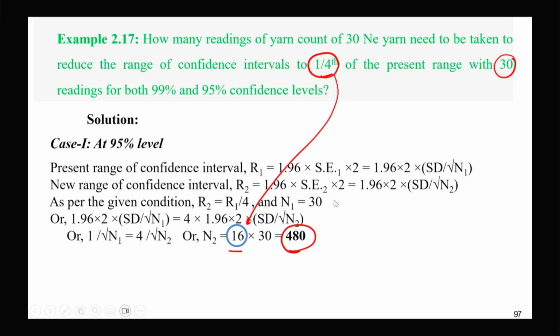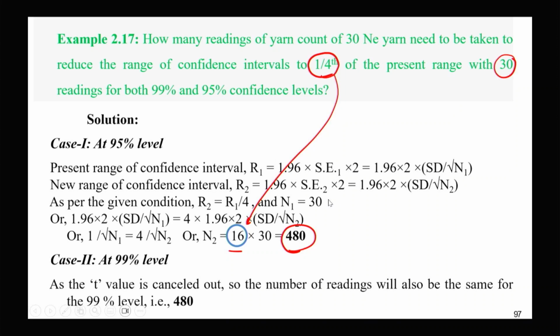A similar numerical is there, and this is valid for both 95% and 99% confidence level.